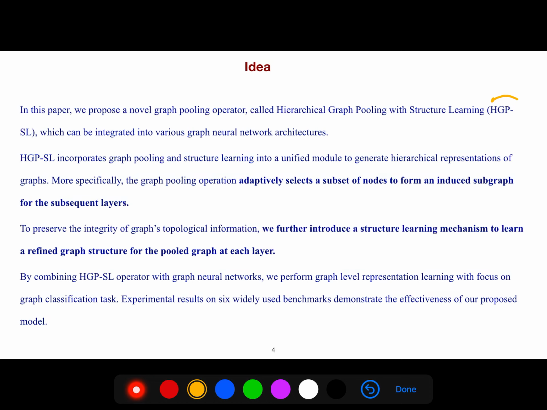So again, it's a node selection. To preserve the integrity of the graph's topological information, we further introduce a structure learning mechanism to learn a refined graph structure for the pooled graph at each layer.